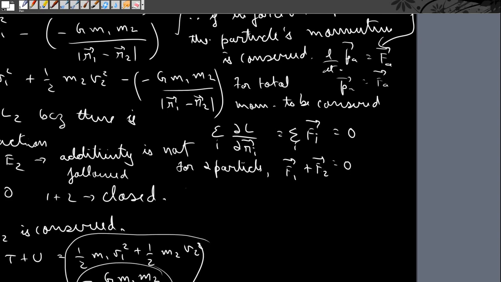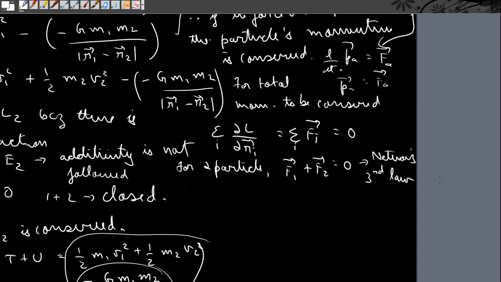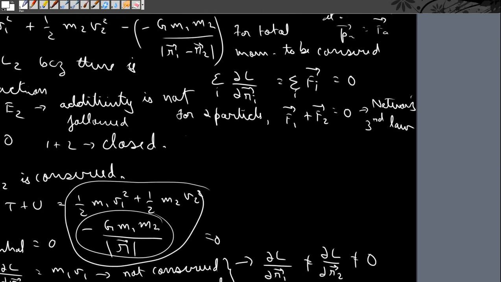So these forces can only arise because of the mutual interaction between them, and this says that the force acting on the first particle should be equal and opposite to the force acting on the second particle, which is nothing but Newton's third law.